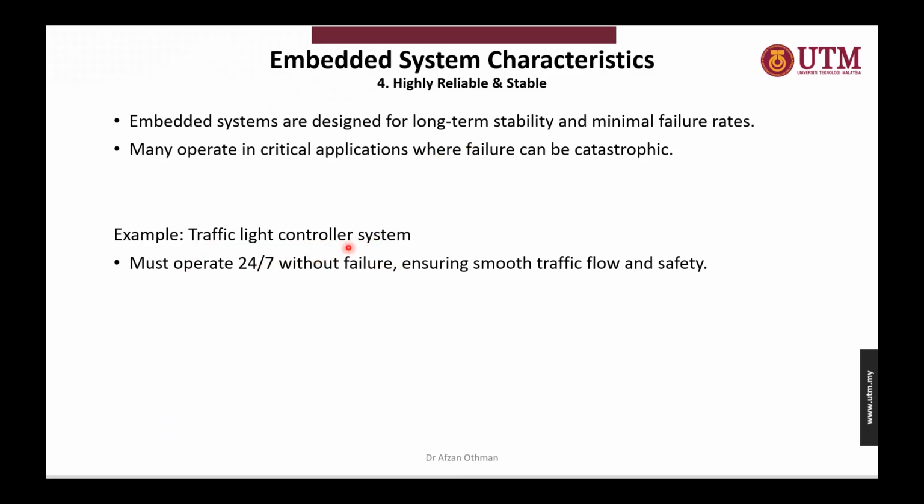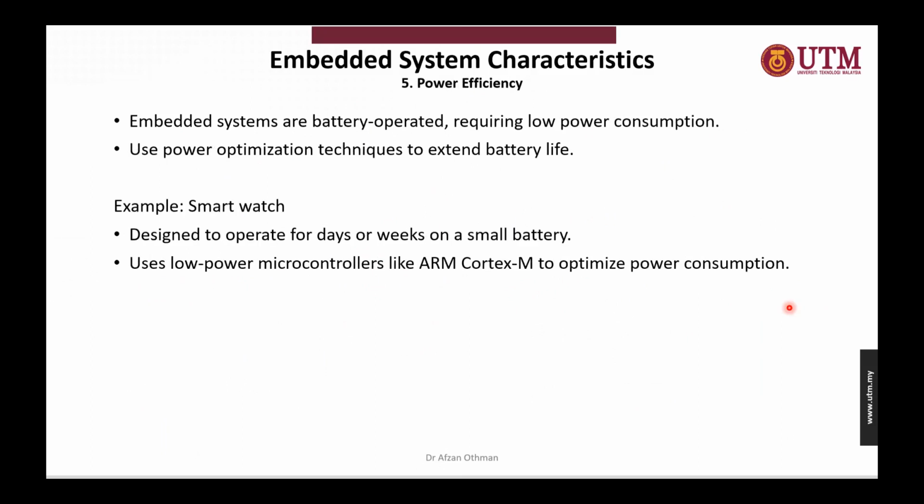It will cause a heavy traffic jam, because the cars stop at that junction, right? So you need to have a very reliable and stable design for every embedded system that you design.